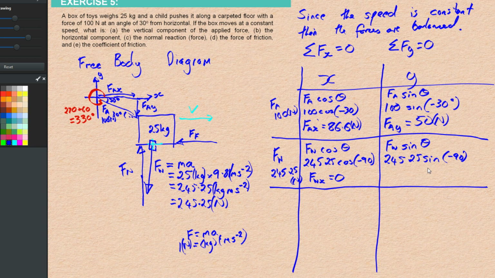So we've pretty much got minus 1 times this number. The weight force in the y direction is equal to minus 245.25 newtons. Okay, it's minus because it's in the negative y direction. And we go down.